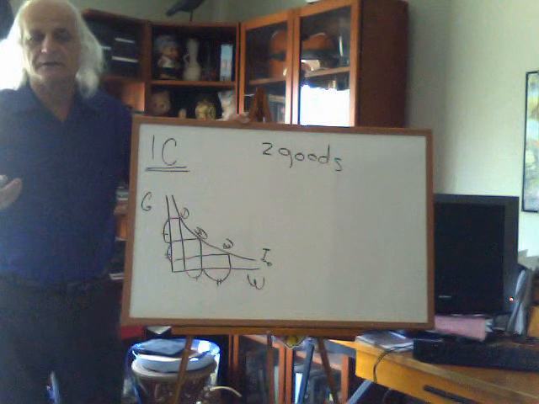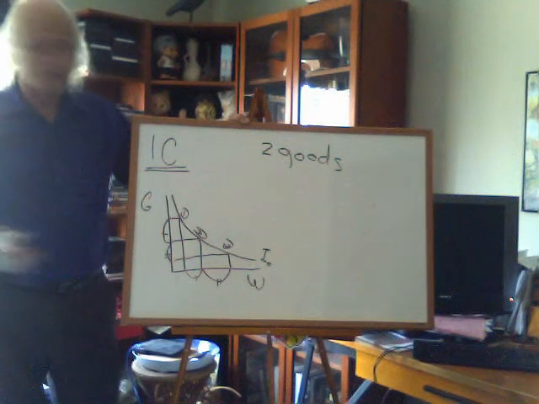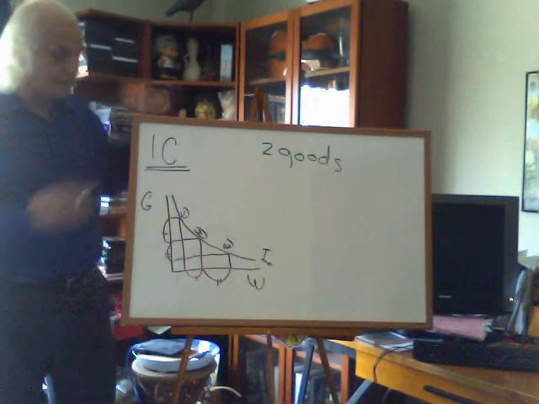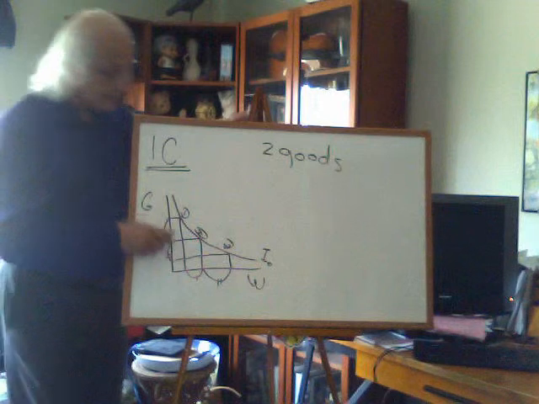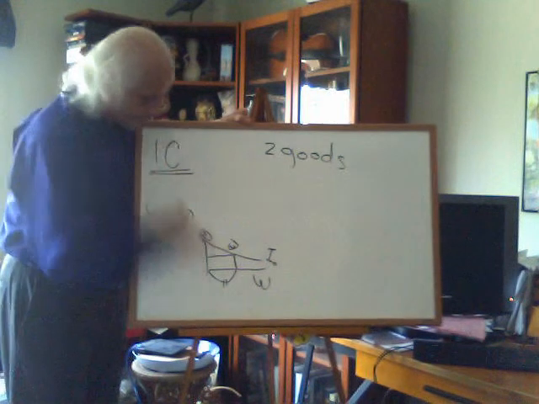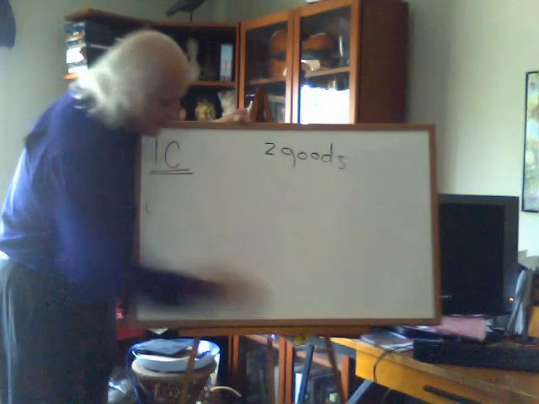It doesn't make any difference to me whether it's this or that one. Any of these combinations will do. So there are an infinite number of combinations that represent the same level of satisfaction.